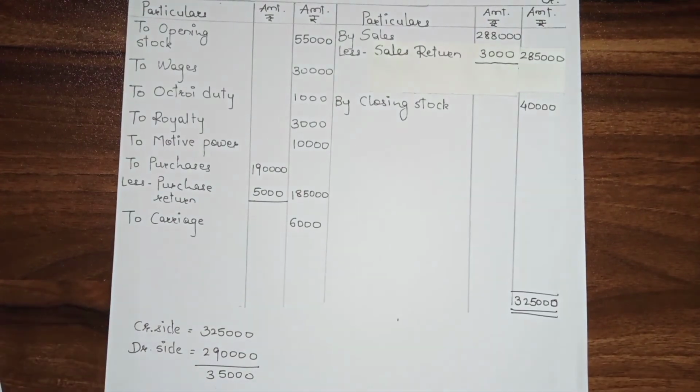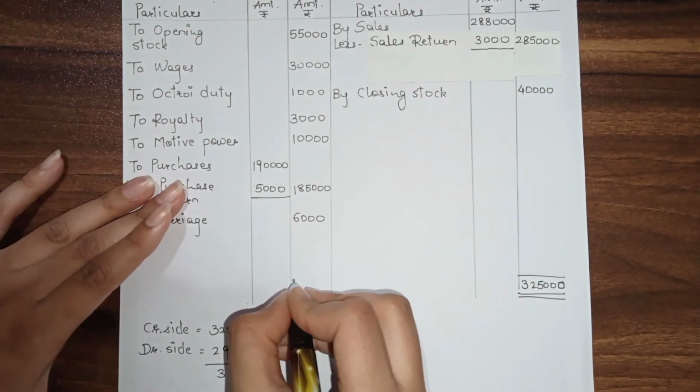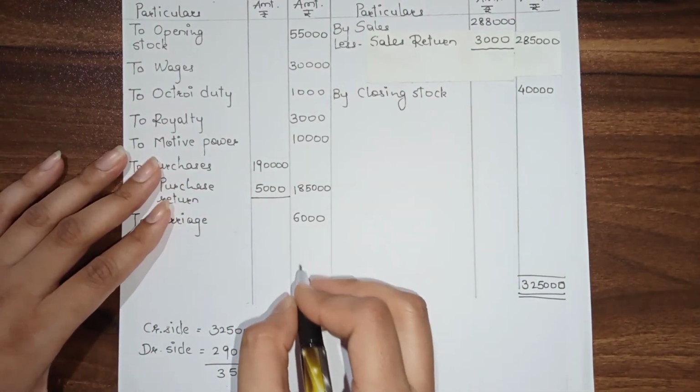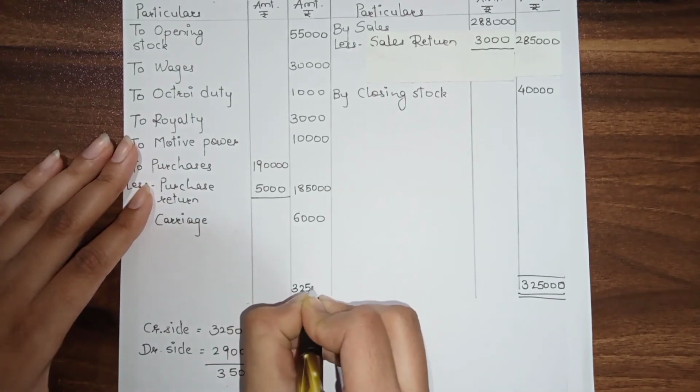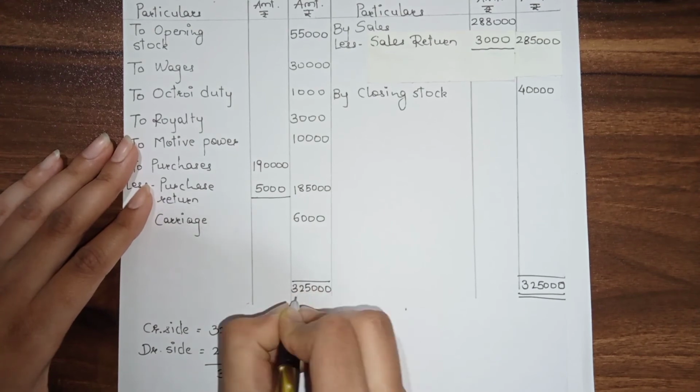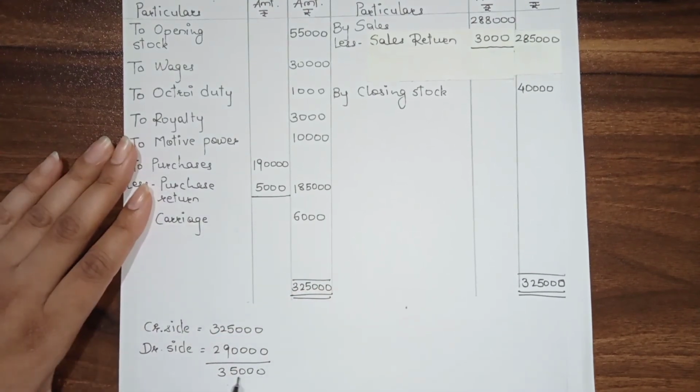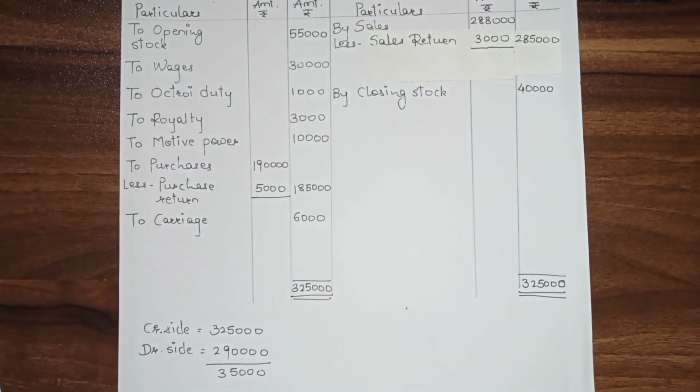Double lines. Similarly, we will write down over here 3,25,000. But this 35,000 is balance carried down. This balance carried down is going to be balance brought down in the profit and loss account on the credit side.